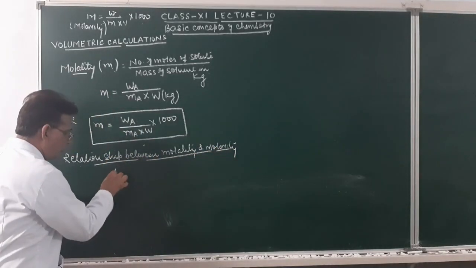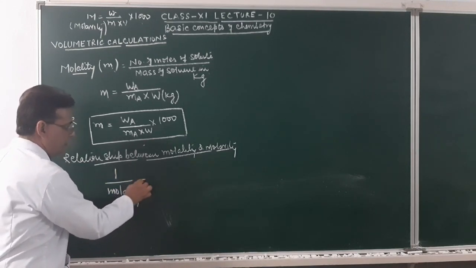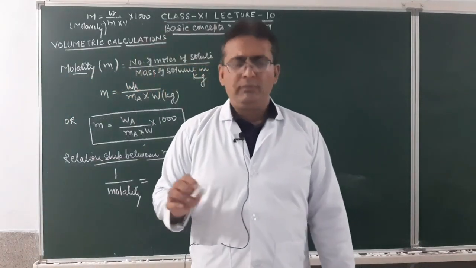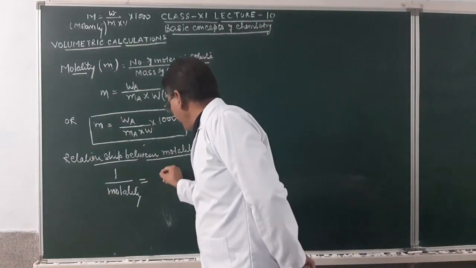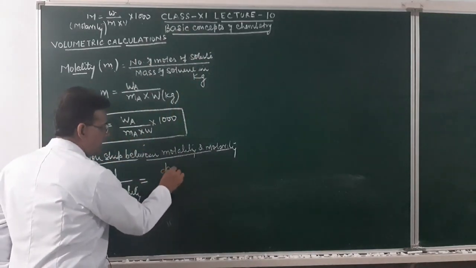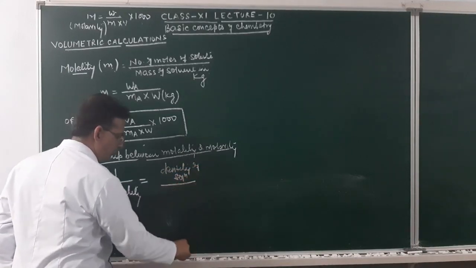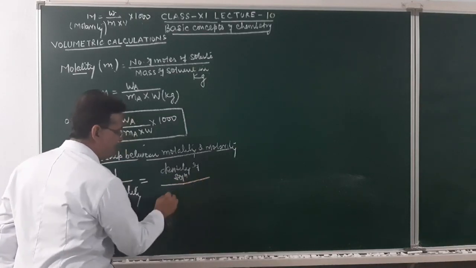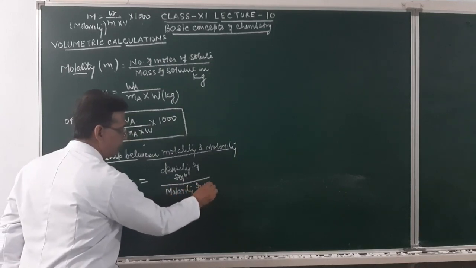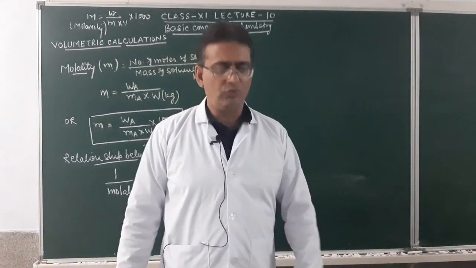Always remember, 1 upon molality of the solution will be equal to 1 upon molarity of the solution minus, this will be equal to density of the solution upon molarity of the solution, minus molecular mass of solute upon 1000.